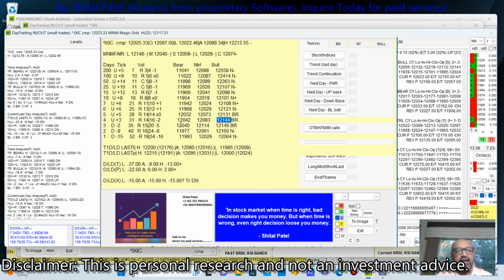On the 3-day negative, the bearish top is 12040, and bullish bottom is 12149. So as we say, below 12200 one can remain bearish, and once Nasdaq moves above 12215, people can turn bullish again. But there would be around 12149 and 12144.